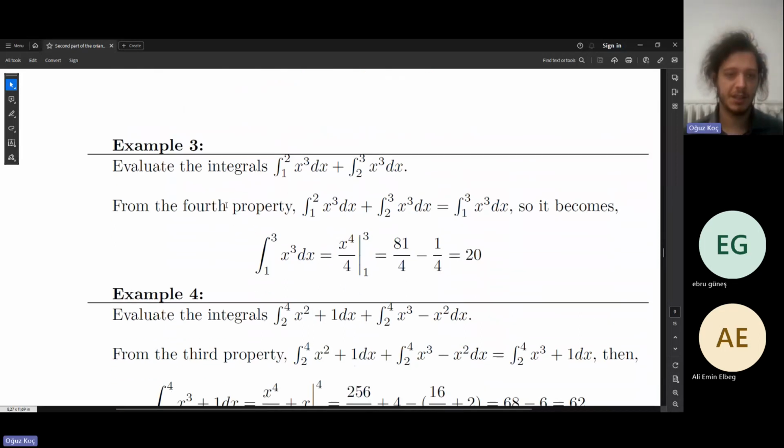In this example, we use the fourth property.